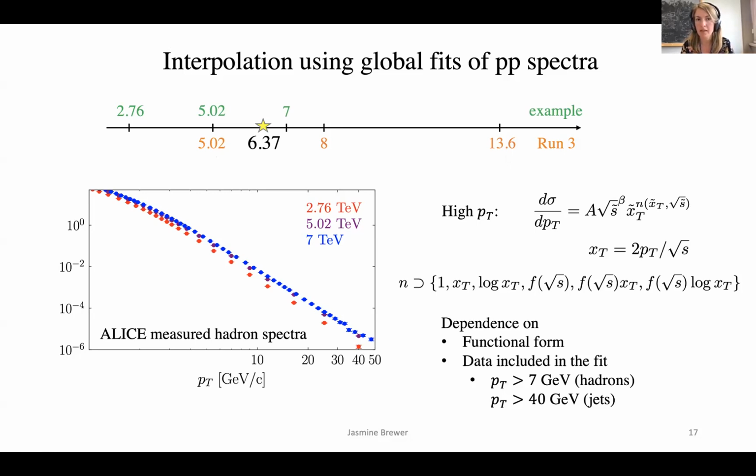So the precise details of this interpolation should be taken with a grain of salt, as different energies would be used in Run 3. But we study interpolation with these 3 energies with the motivation that you would also use 3 energies in Run 3.